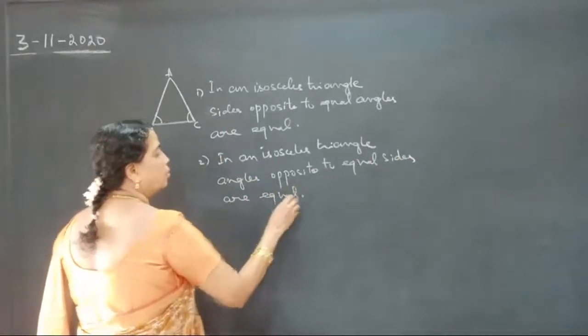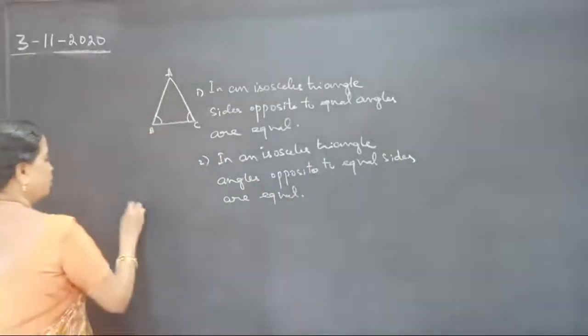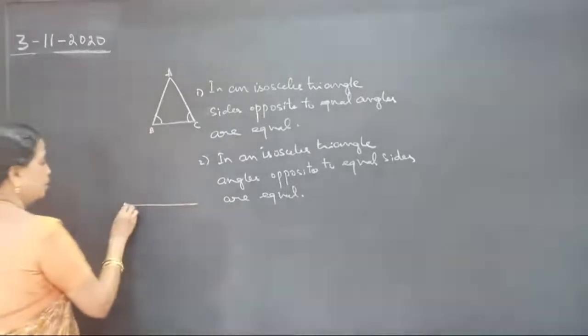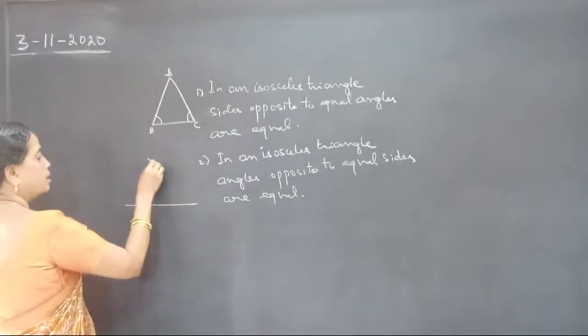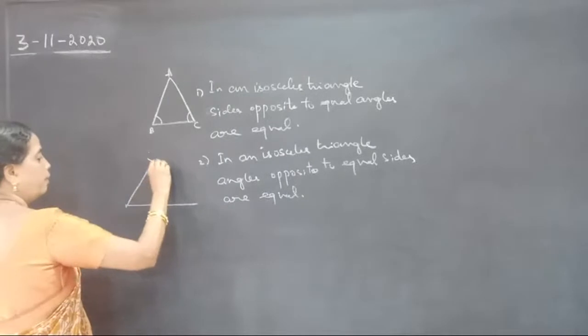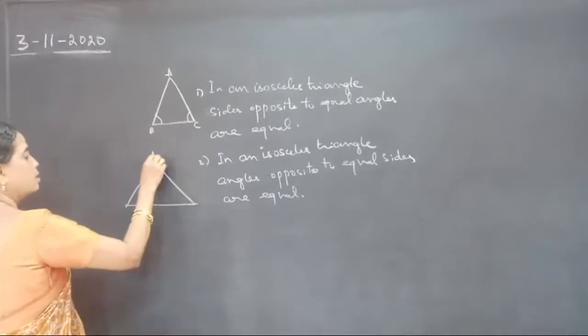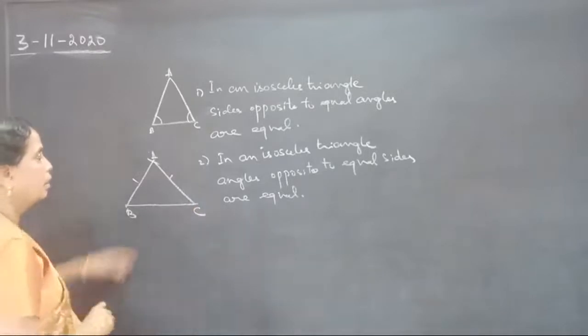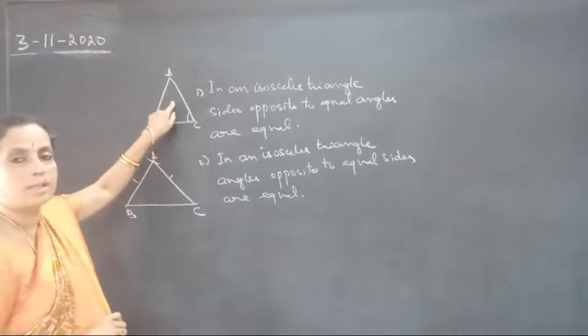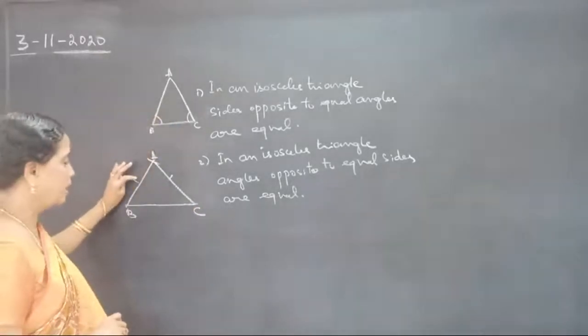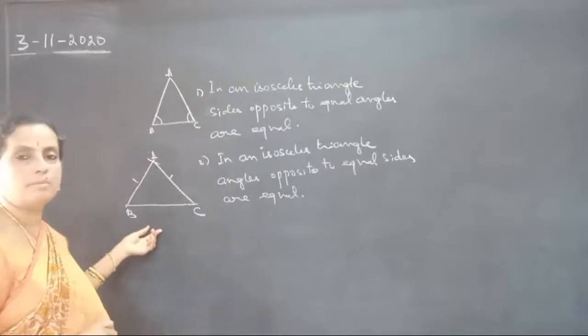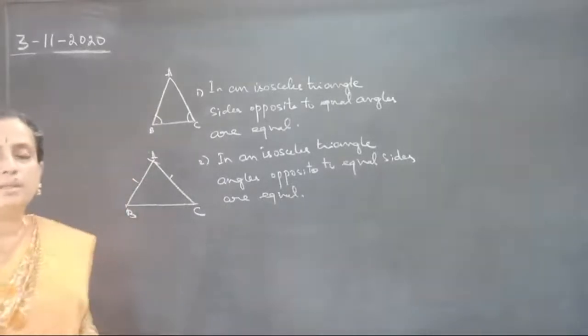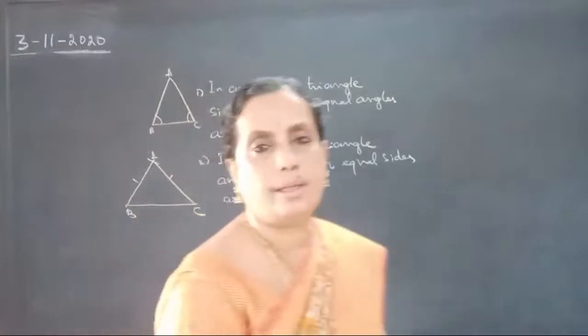Here also, with the base, cut off the equal sides and join them, and when we measure their base angles, you find the angles are equal. If angles are equal, their sides are equal. If the sides are equal, then their angles will be equal. This is the property I informed you to verify.